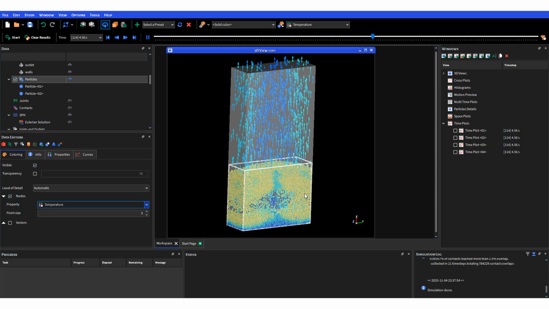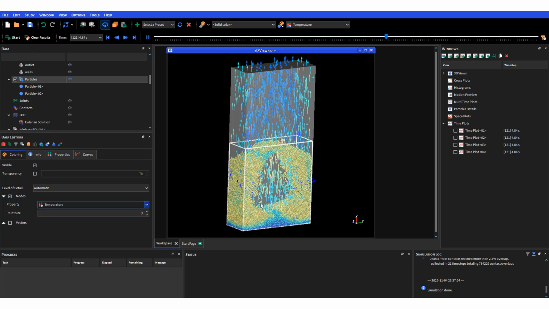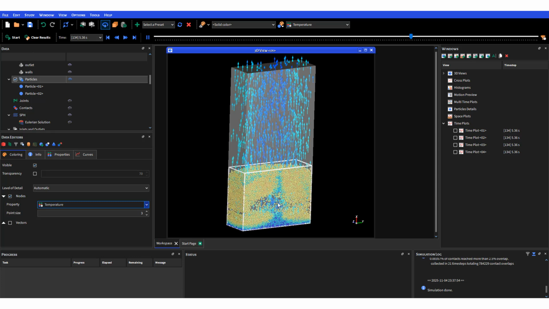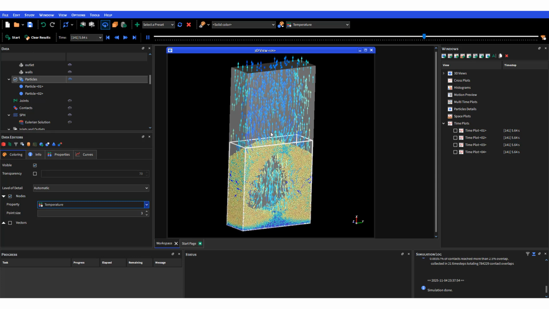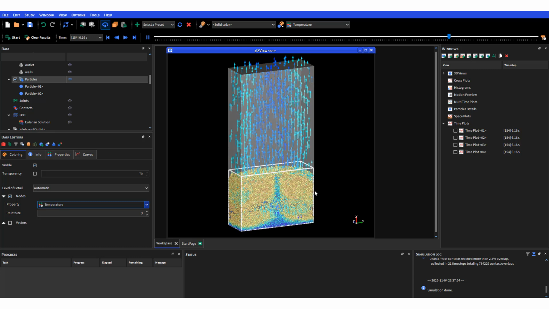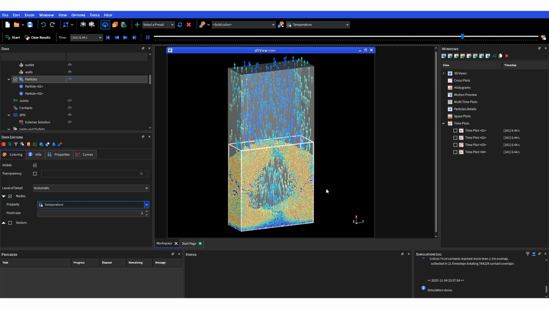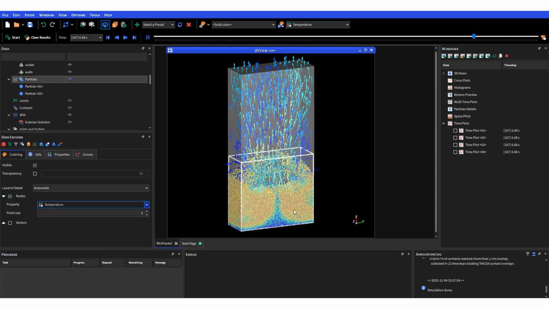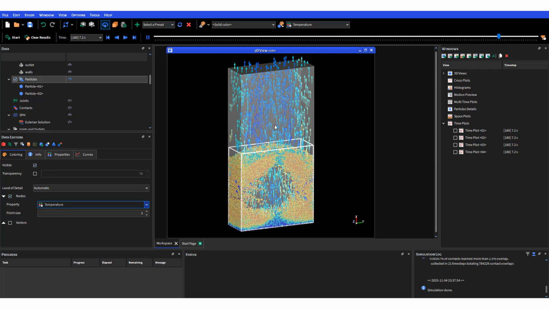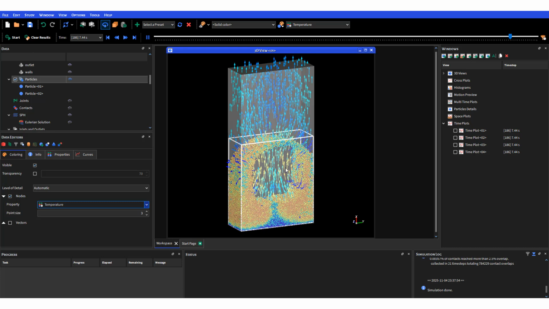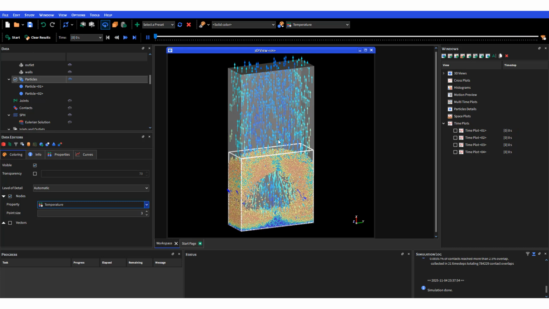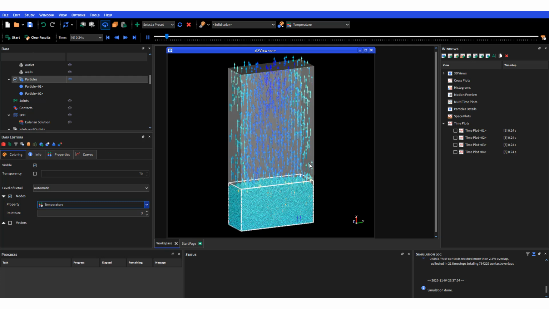You can see the cyclical pattern as well. So they go up and then they go down, and then they go up again, and then they go down. So there's a fairly cyclical pattern that we see in the plots as well. So basically the air pushing the particles, fluidizing these particles, and then exiting once the upper layer of particles becomes small, and then we reset to time 0.